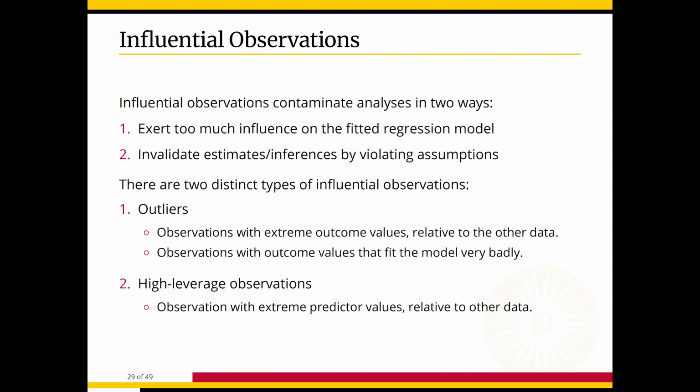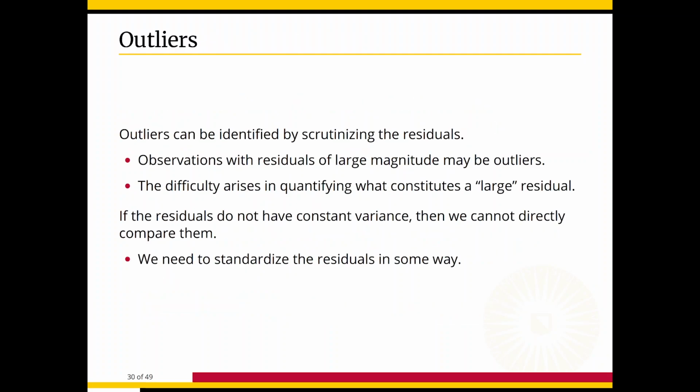But the difference here is that we're talking about variables that live on the right-hand side of our equation, not the dependent variable. So it's worth differentiating these two types of influential cases. Are we talking about an outlier, which is an extreme Y value, or are we talking about a high leverage observation, which has extreme X values? Okay. Sometimes you hear these called outliers on Y versus outliers on X, but we're going to talk about outliers as being strictly the extreme Y values.